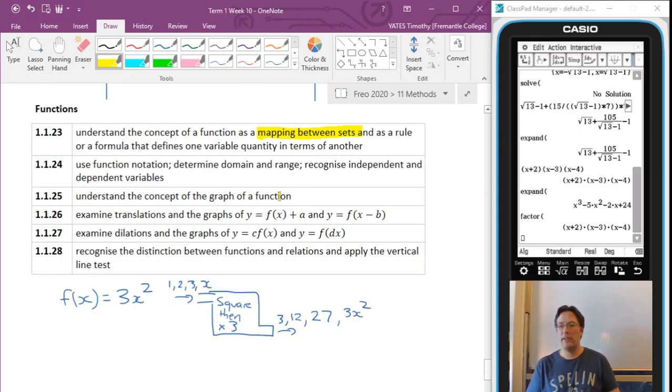That's one of the reasons why you can do the vertical line test to make sure that it is a function, because it shouldn't have two outputs for any given input. So I'm going to be able to use function notation. That's just this f of x. Determine domain and range. Domain is the possible x values.